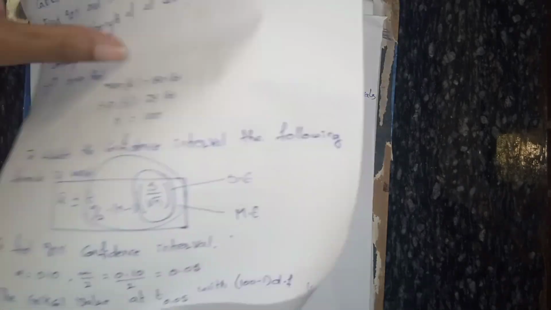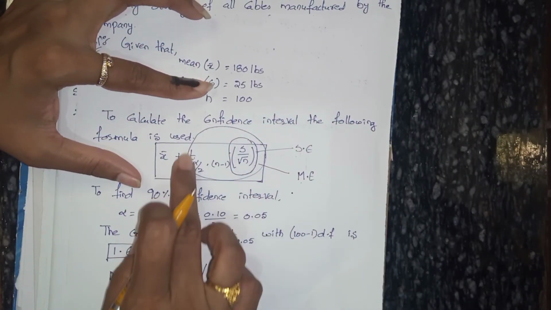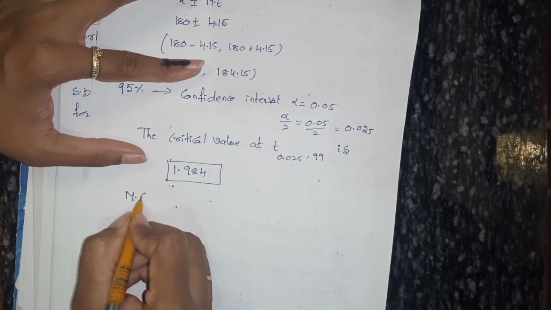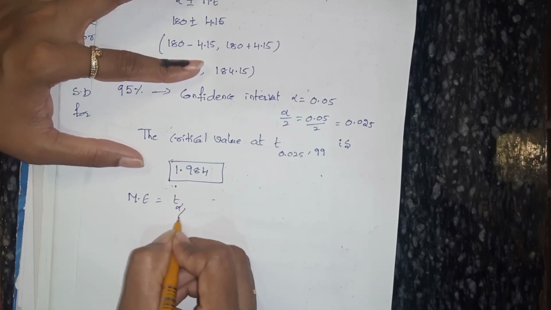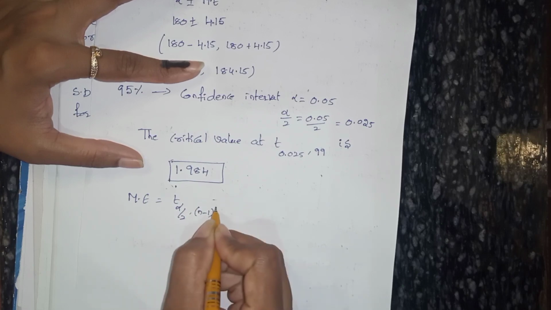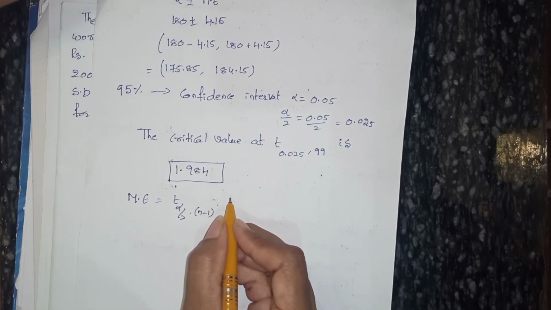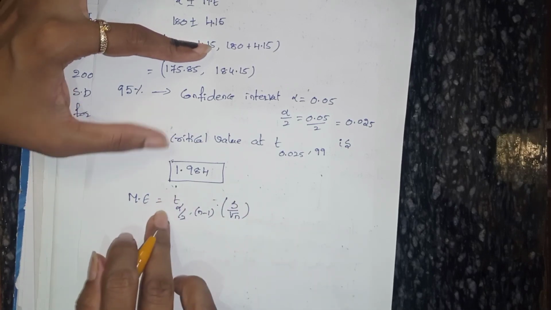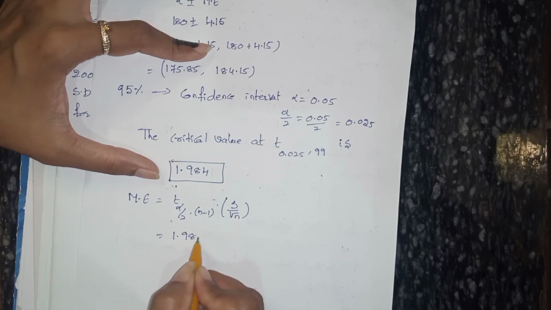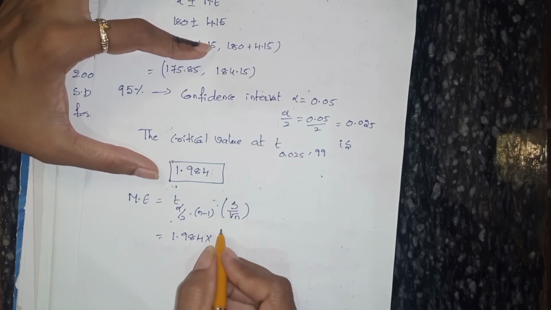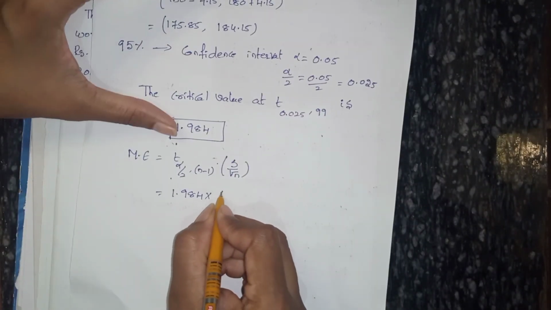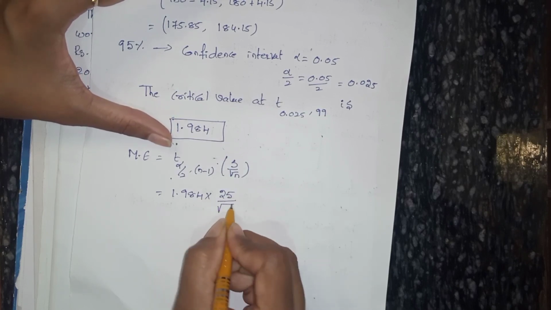So now what we have to calculate is the margin of error, ME. What is the ME formula? ME equals t alpha by 2 at n minus 1 degrees of freedom into S by root n. Here the critical value is 1.984 into S by root n. What is the S value here? S value is 25, by root n, in the sense root 100.